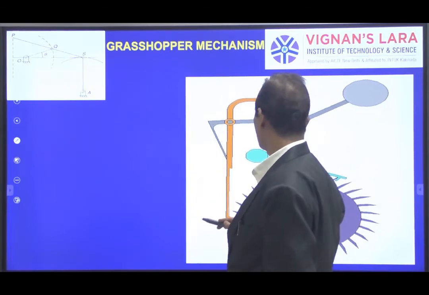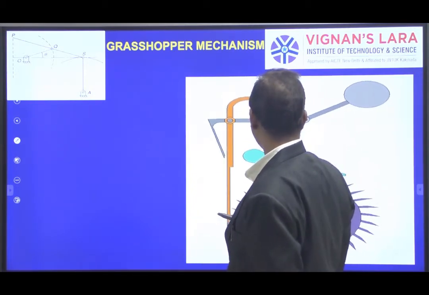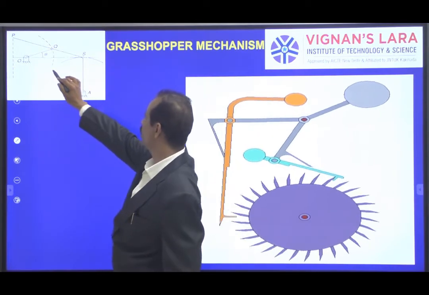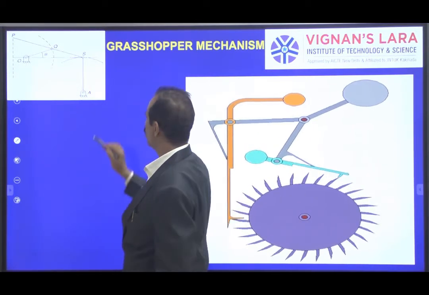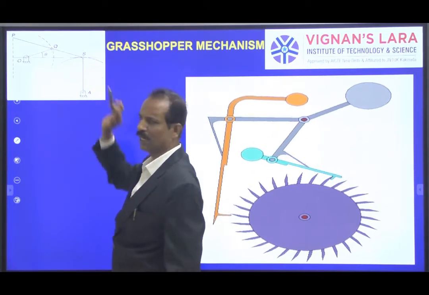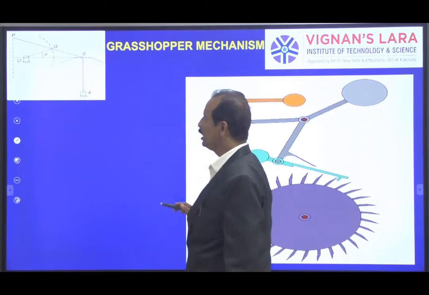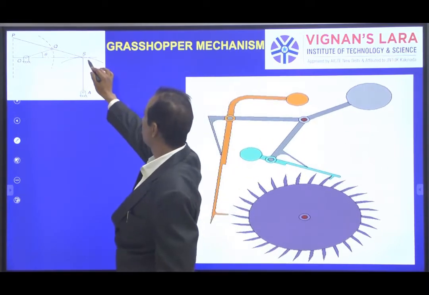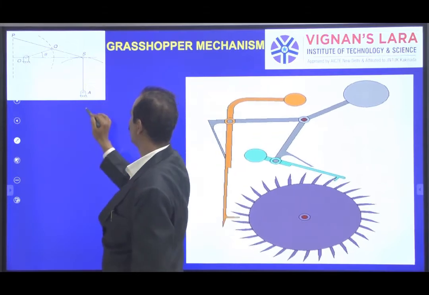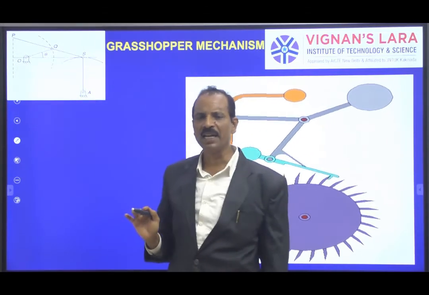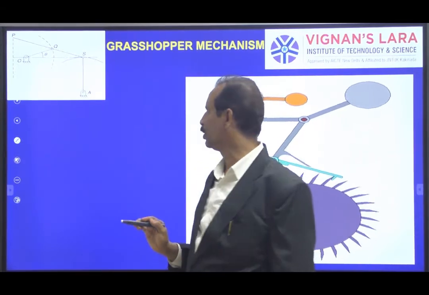So how will this mechanism work, and what is its operation, let us look at this diagram. Earlier we had a slider S. In this case, at the location of S, we have one more link, a vertical link. You can see SA, where A is pivoted at a fixed point.